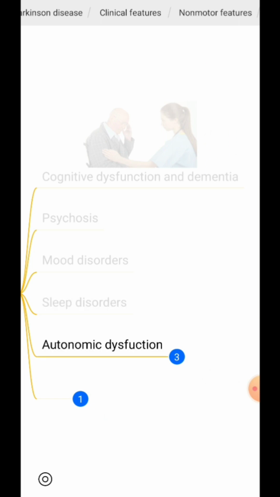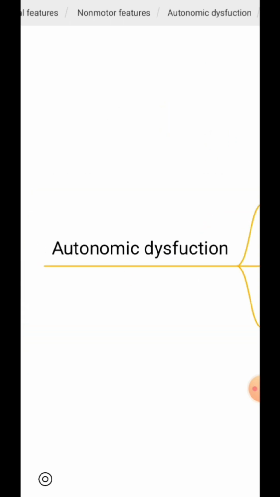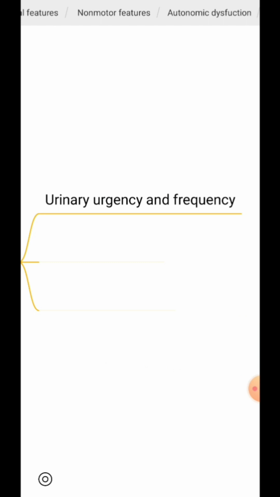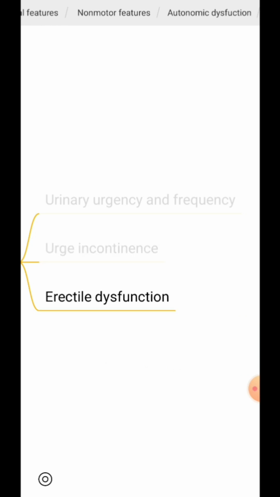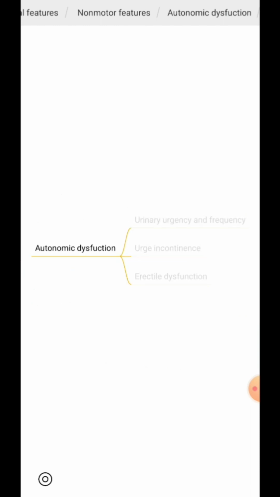And autonomic dysfunction. What are the autonomic dysfunctions? The patient may have urinary urgency, urinary frequency, and also urge incontinence. Erectile dysfunction can also occur in Parkinson's disease. So those are the autonomic dysfunctions.